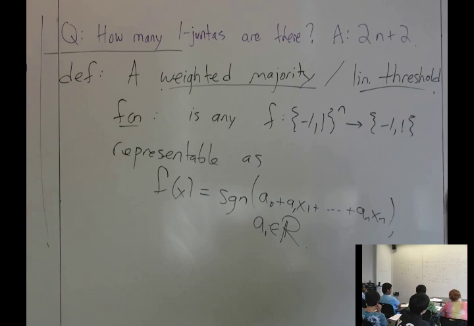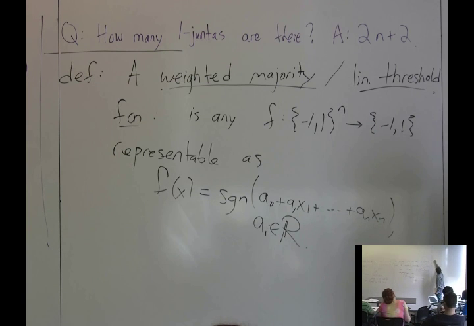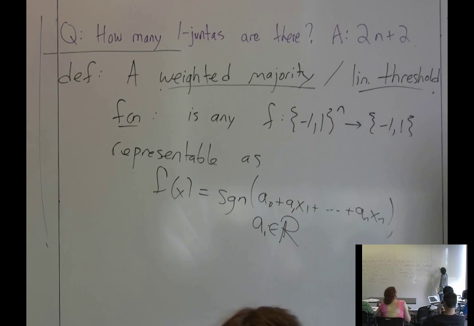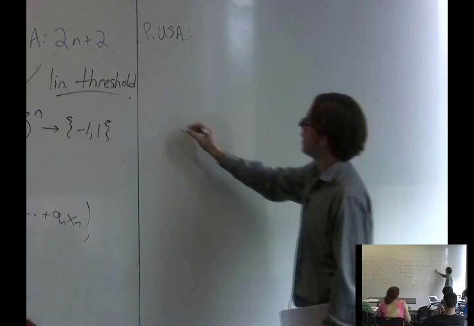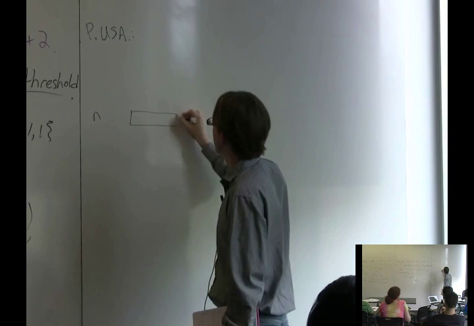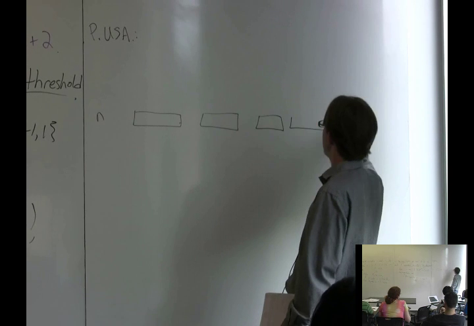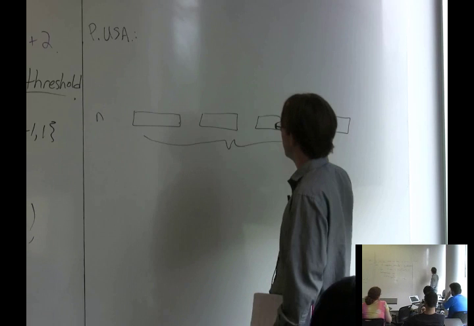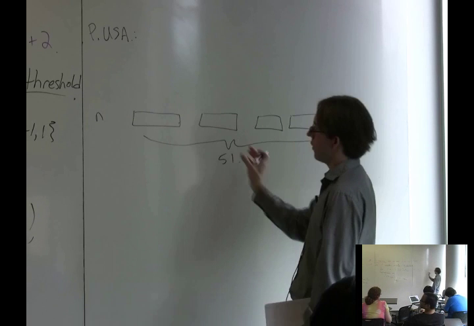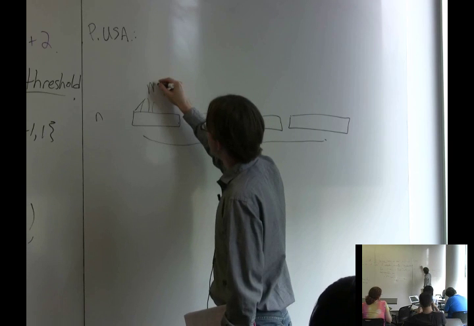Since it's the season for the US presidential election, the president of the United States gets elected in a funny way. If there are n voters, they're broken up into blocks corresponding to states plus DC, so there are 51 blocks of differing sizes, and on each block you take the majority.